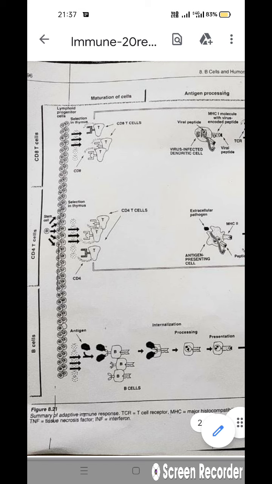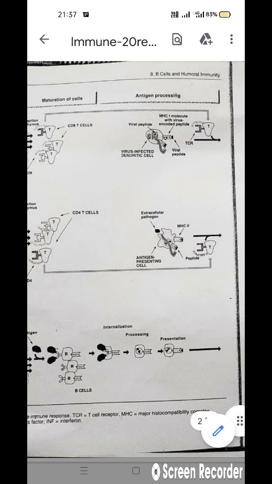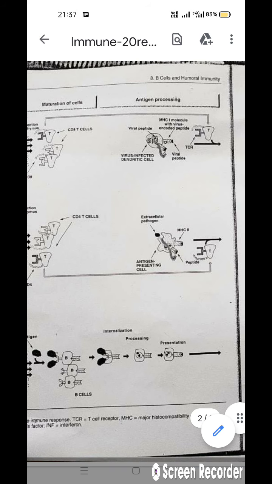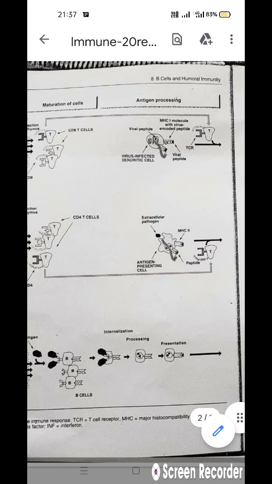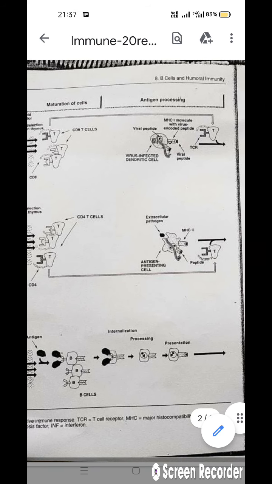Now another concept is the MHC concept. What is the full form of MHC? You know, the major histocompatibility complex. The MHC molecules are of three types, MHC 1, 2 and 3. Now you know the MHC 1 molecule is present in all nucleated cells.